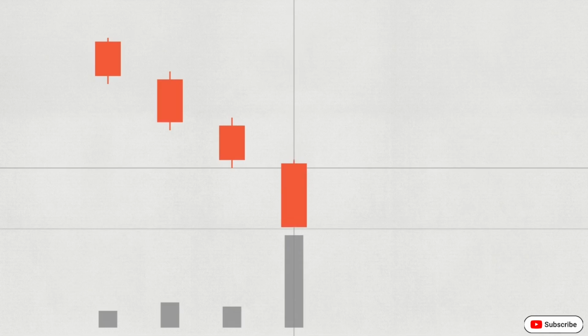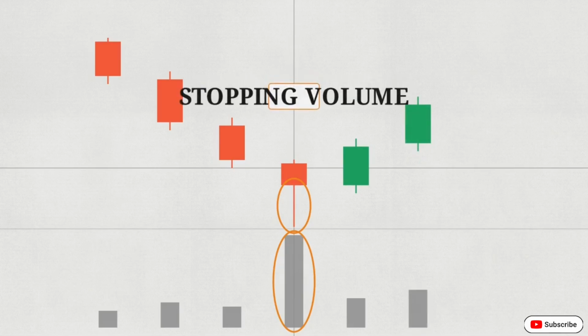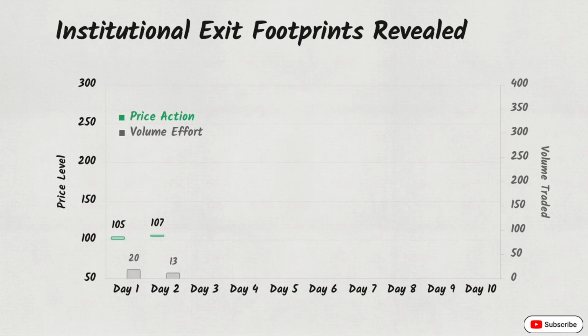You'll see a massive bearish candle with incredibly high volume, but strangely, it doesn't close at the bottom of its range. This chart shows exactly what that looks like. The long lower wick on this final candle, paired with the huge volume spike below, is a clear footprint. Smart money stepped in and bought up the retail panic, stopping the fall. This is stopping volume.